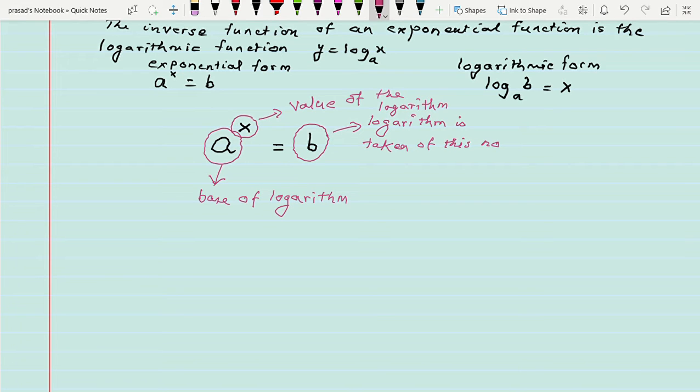So let us take an example here. 2 to power 3 is equal to 8. This is the exponential form. Change to logarithmic form.